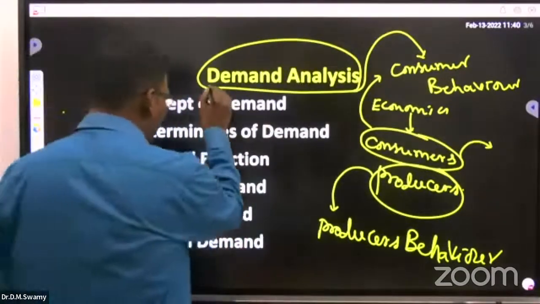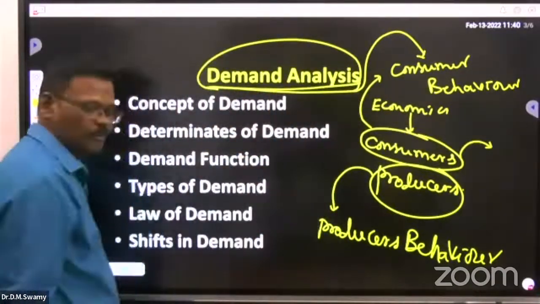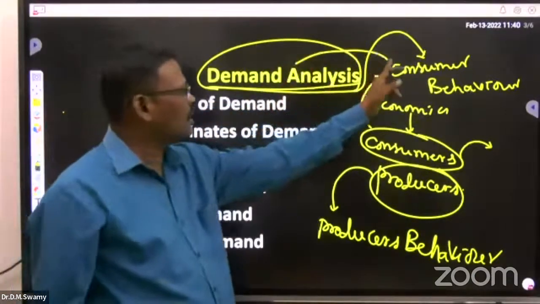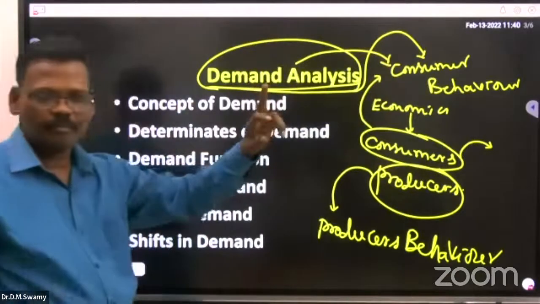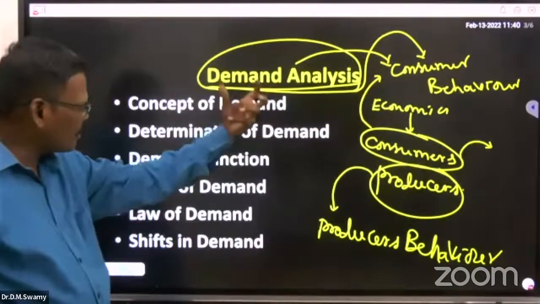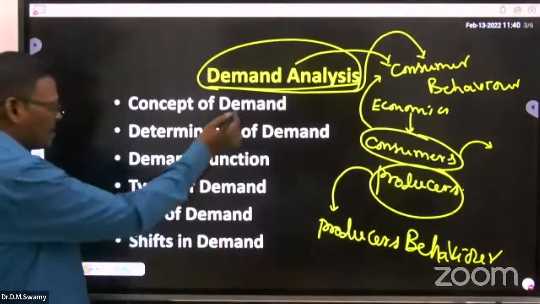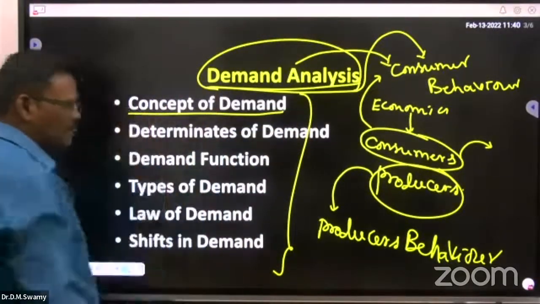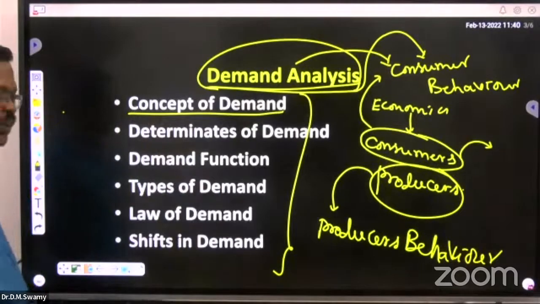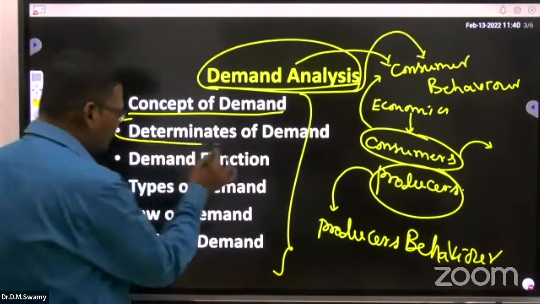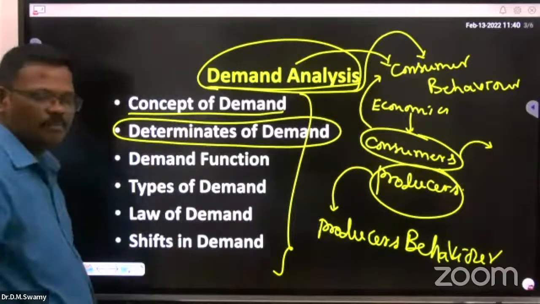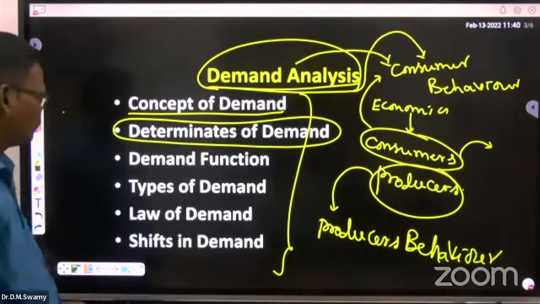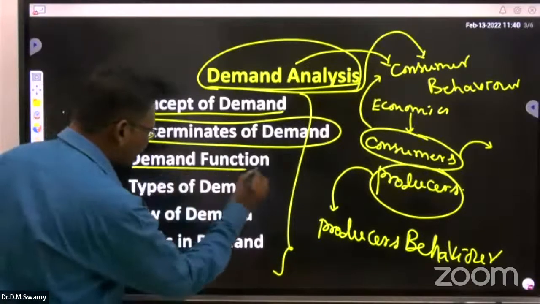As I already told you, demand analysis is part of consumer behavior. In demand analysis, we are going to discuss various topics: What is demand? That is, the concept of demand. What are the determining factors of demand?